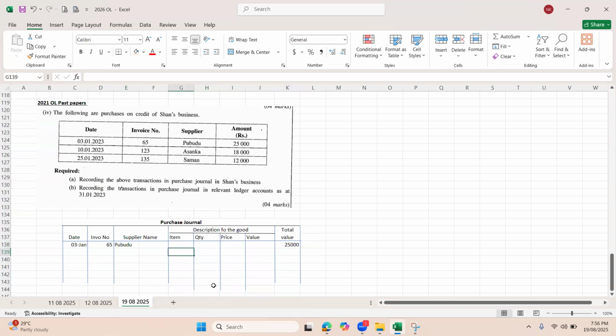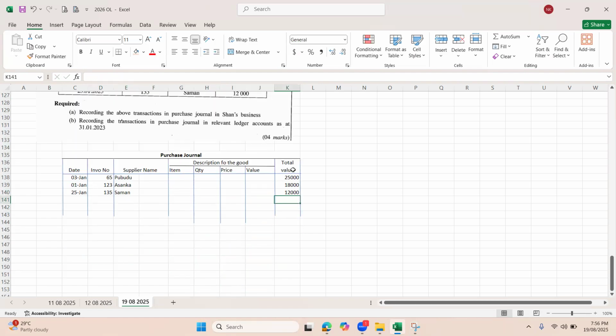Then 10th of Jan, invoice number 123 from Asanka. They have not given the detail. Total value is 18,000. Then 25th of Jan, invoice number 135 from Saman. Total value is 12,000. Right? So that's the information they have given.